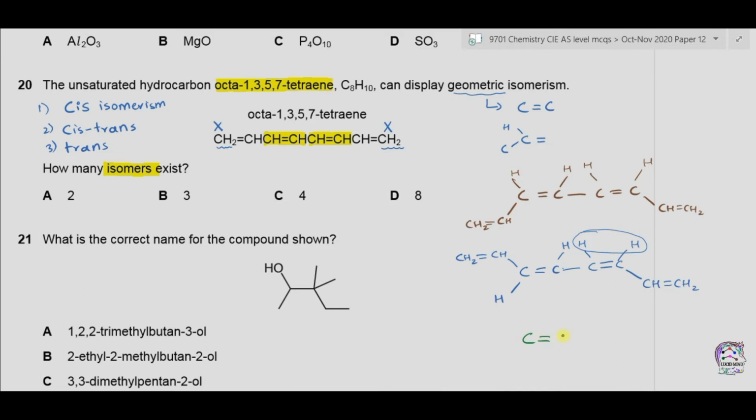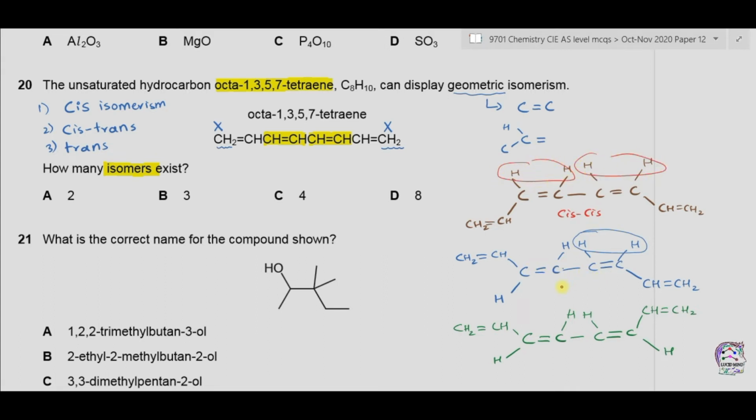This is when both are trans. So we can write cis, cis, as same atoms are on the same side.